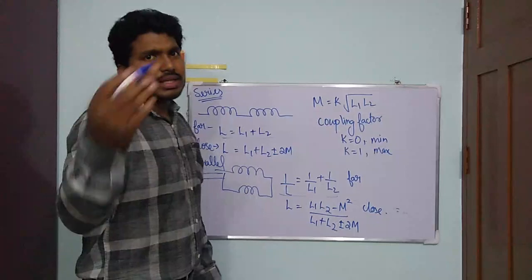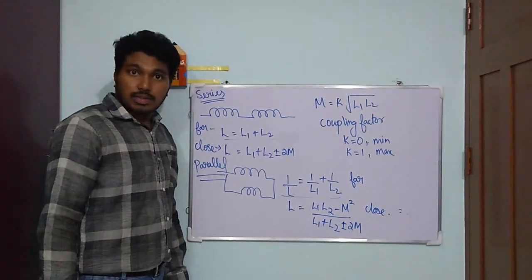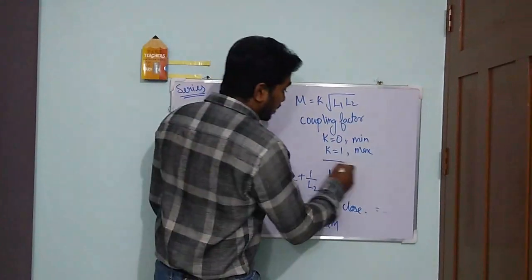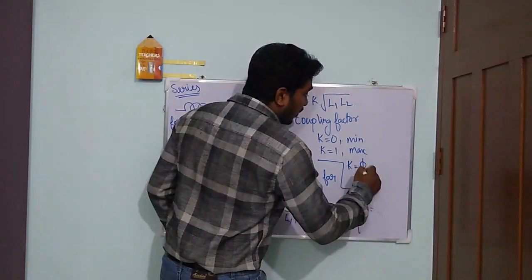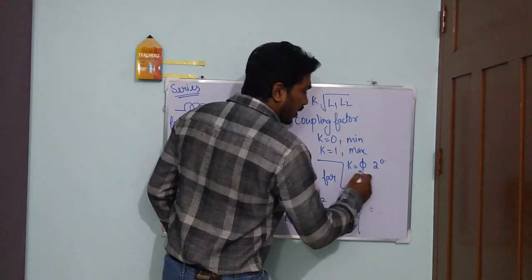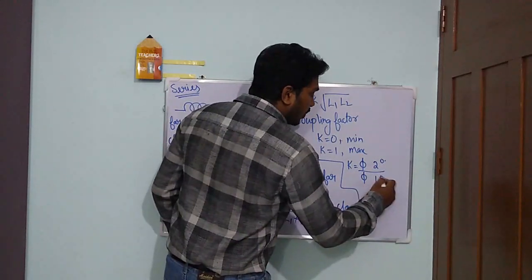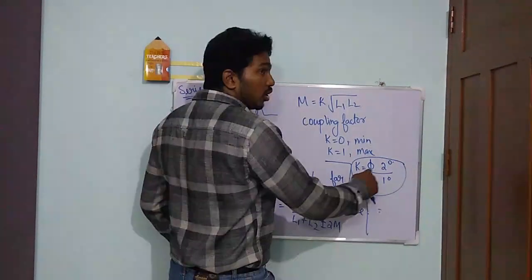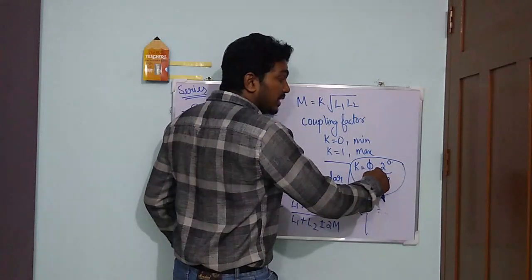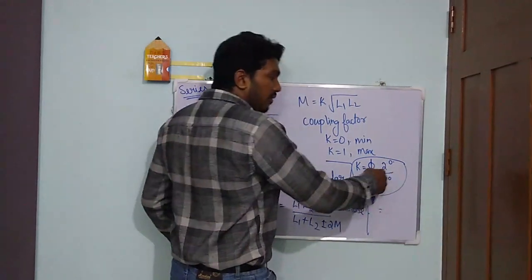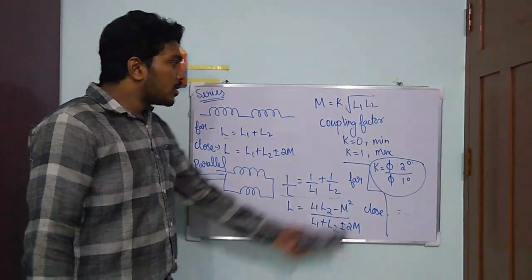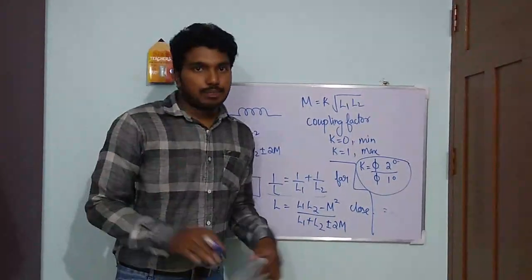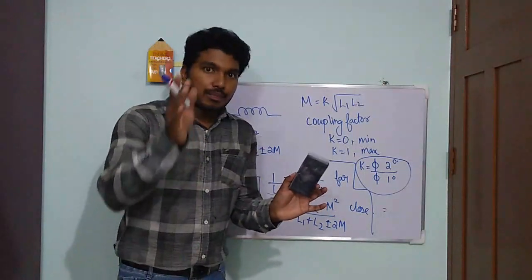Usually the K value will be given to you in the question. Or if it is not, you can find it like this: K is equal to the magnetic flux linked with the secondary divided by the magnetic flux linked with the primary. So K is a coupling factor there. Clear? Any doubts there?